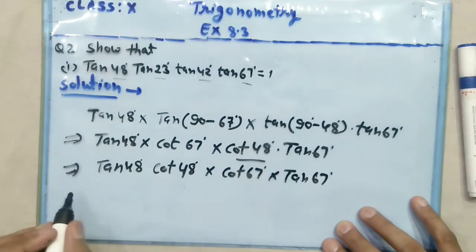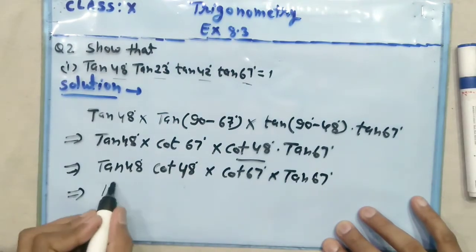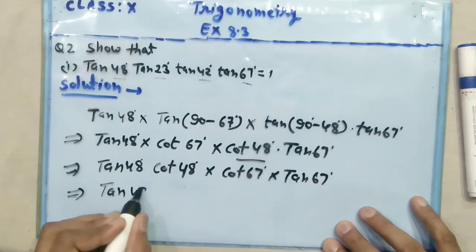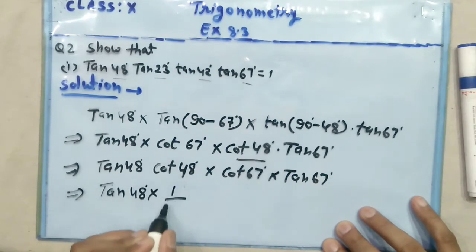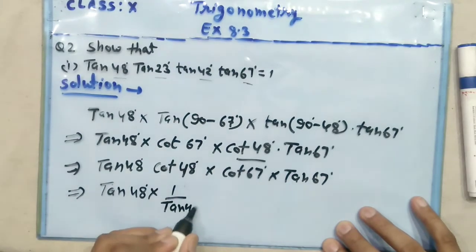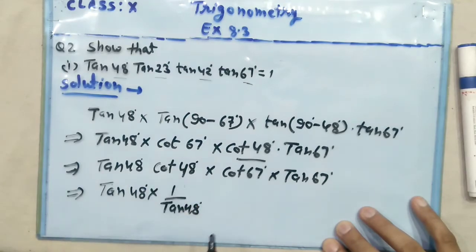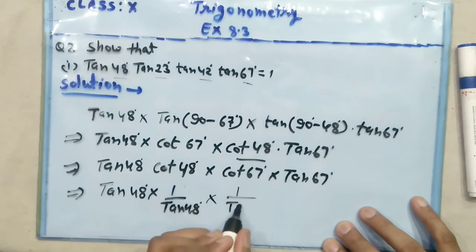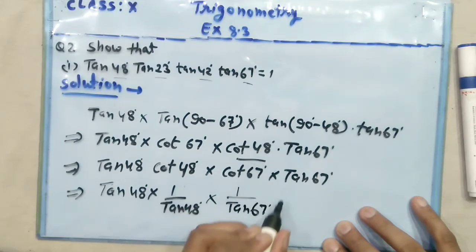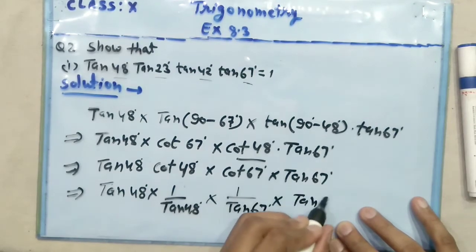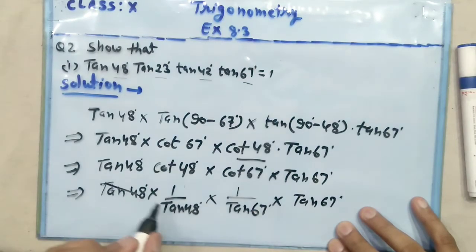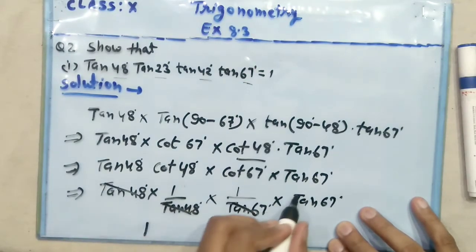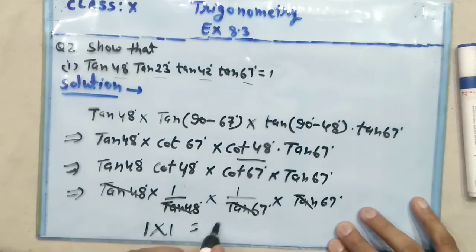But this cot is 1 upon tan, so tan 48 degree into 1 upon tan 48, because this cot will be 1 upon tan, into 1 upon tan 67 degree into tan 67 degree. Now this will get cancelled, this will get cancelled, into 1 is equals to 1.